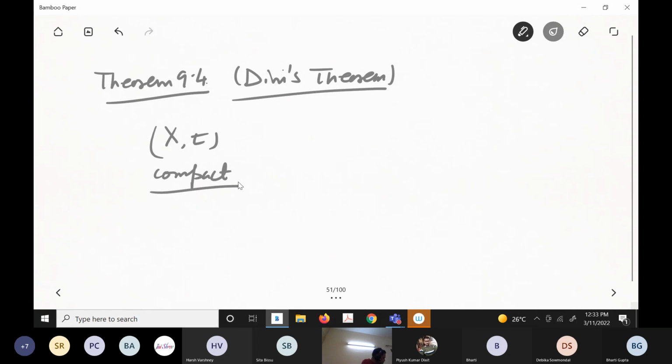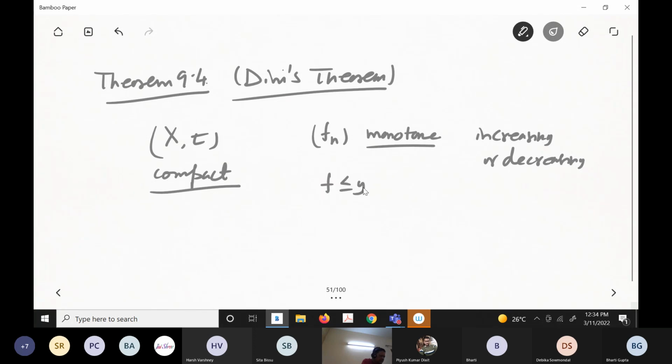And he's saying, suppose you have a monotone function. Monotone function means it can be both ways, that means it is increasing or decreasing. What is the meaning of that? Last time, when I was talking about lattice, with respect to that order, I said two functions: if fx is less than or equal to gx for all x, this was a partial order.